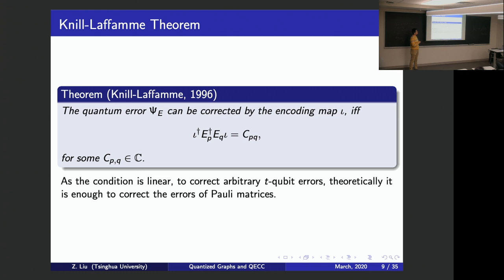If this is a scalar multiple of the identity, for arbitrary types of errors, then this error can be corrected. For example, the bit flip is given by the Pauli X matrix. So here it can be Pauli X, or if you have no error, it's the identity matrix. So it can also be identity. If this is always a scalar multiple of the identity, then the error can be corrected.